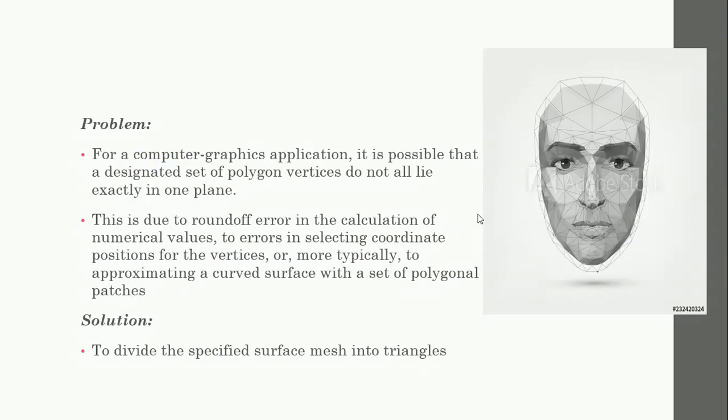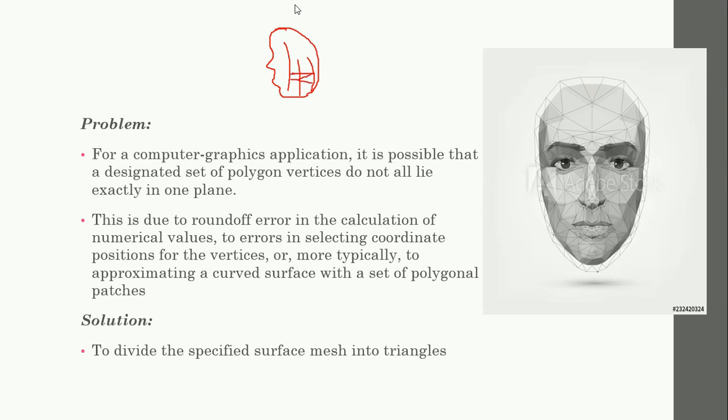In computer graphics applications, the polygon vertices do not exactly lie in one plane, because when you draw irregular shaped diagrams, for example a human figure, you may have a curved surface that you want to show with the help of polygons.